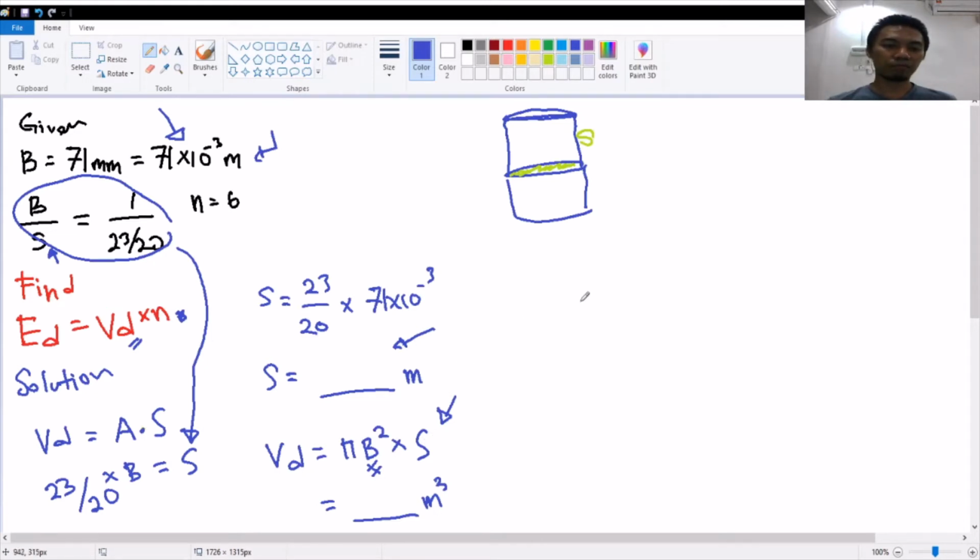If you use them differently, for example bore in mm and stroke in m, you will definitely get a wrong answer for VD, the volume displacement.